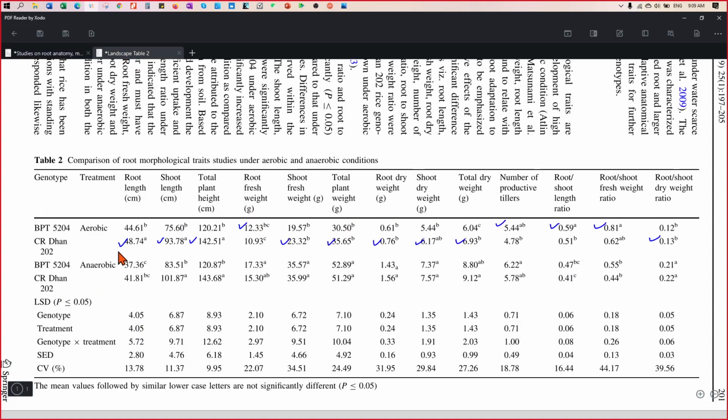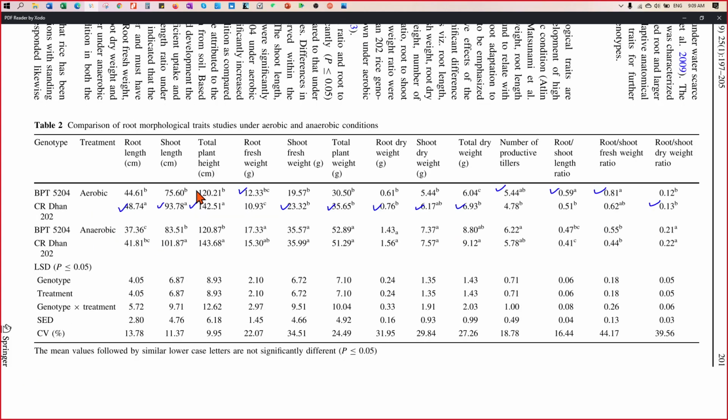But for the detailed root morphology, as well as the root-shoot properties, you can see that it's not a similar pattern.